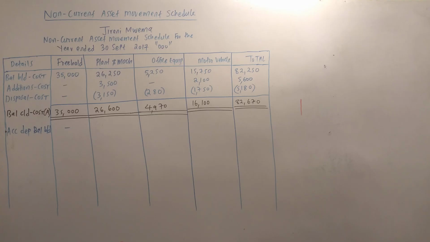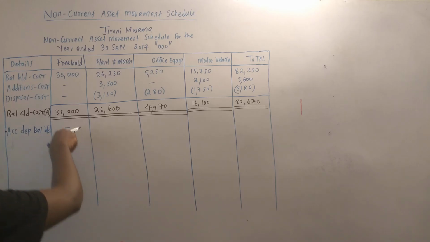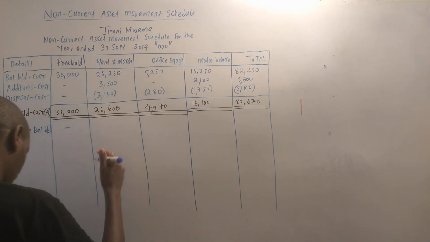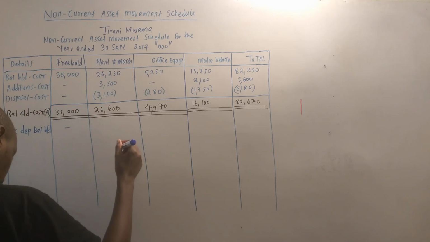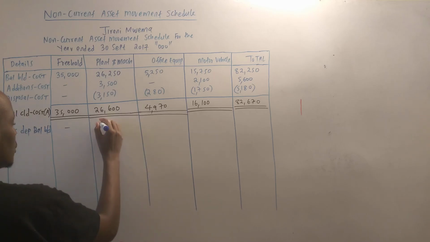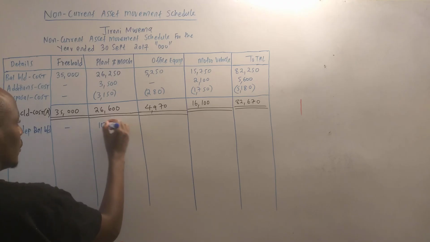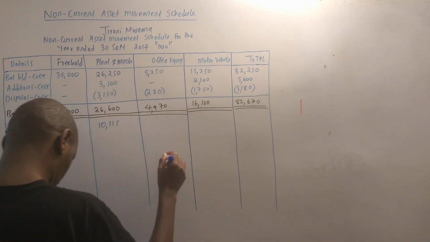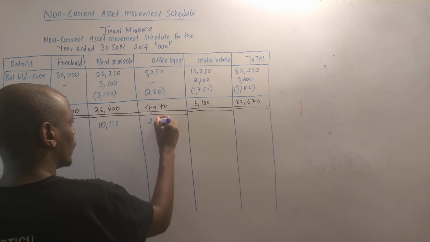Meaning there is a depreciation. So for this one, there is no accumulated depreciation, but we have accumulated depreciation for 2015 at the end for plant and machinery, which is 10,115. Then 2,555.